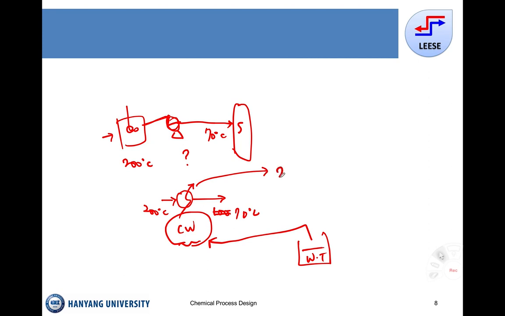What shall I do with this water? So one option is discharge to the environment, okay? So is that going to be sustainable?